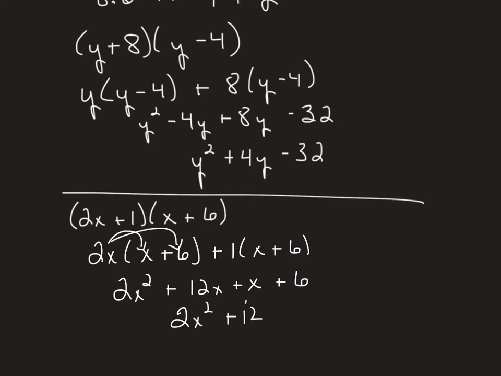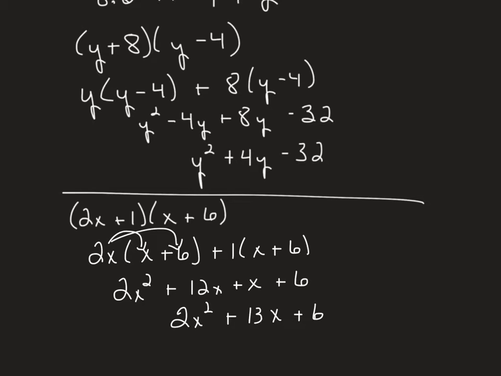Yep, this should be 13x because we have 12x plus 1x plus 6. Let me erase that to make it look a little better. So 2x plus 1 times x plus 6 is 2x squared plus 13x plus 6.